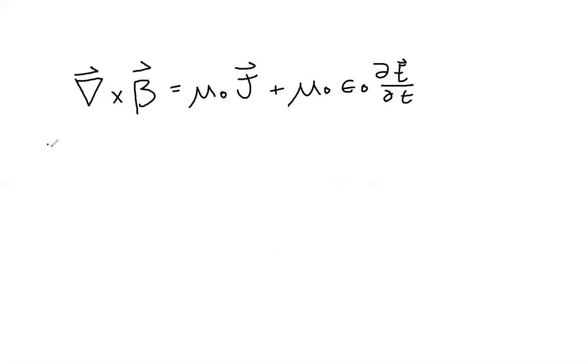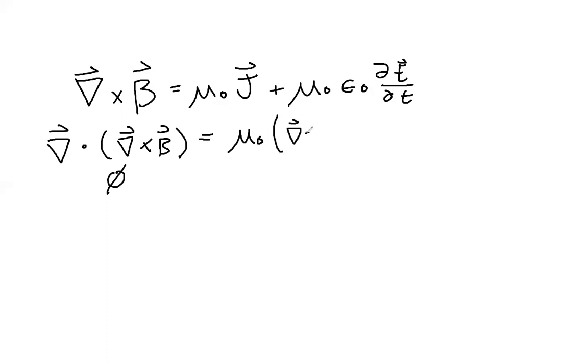Well, let's do the same trick we did before. Let's take the divergence of both sides. This is still del dot del cross B, which is going to be 0, equals this thing, which is mu naught del dot J, and I'll just pull the mu naught out because it's easier, plus epsilon naught del dot d/dt of E. Okay, so there's now an extra term there.